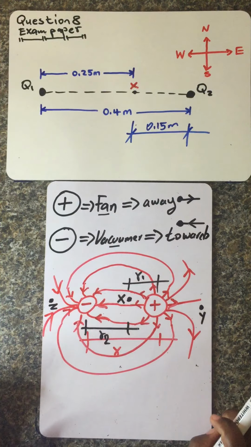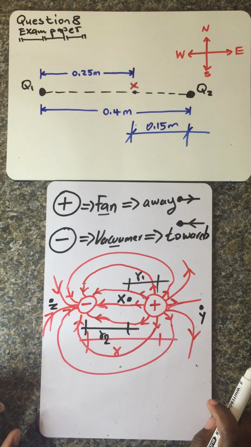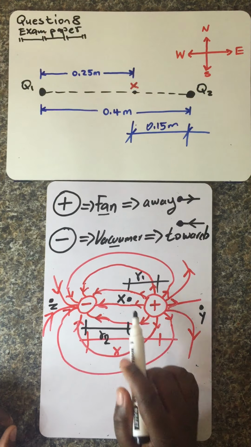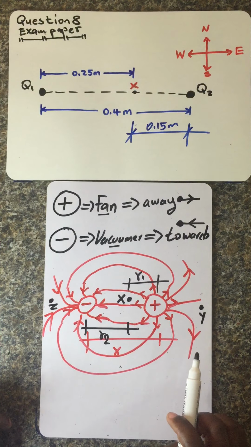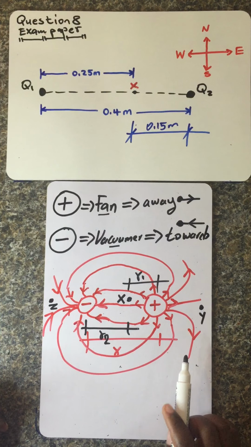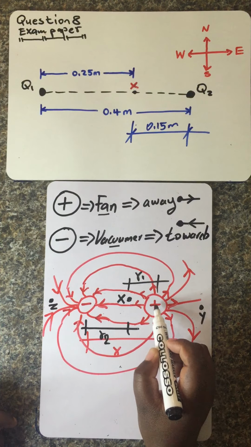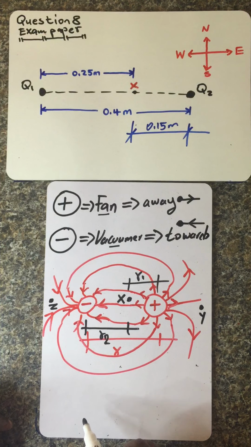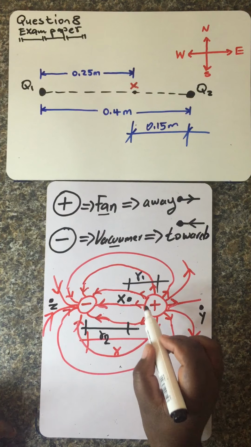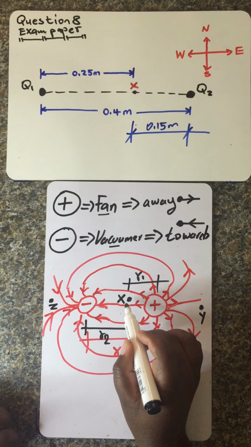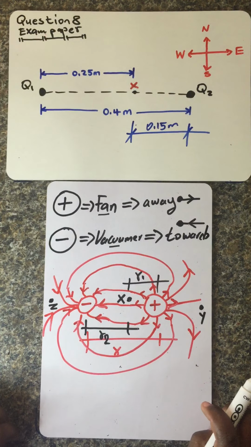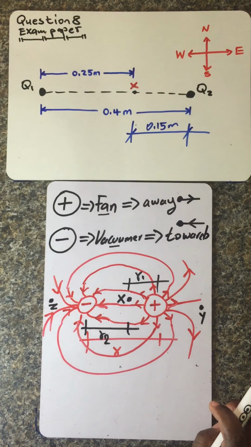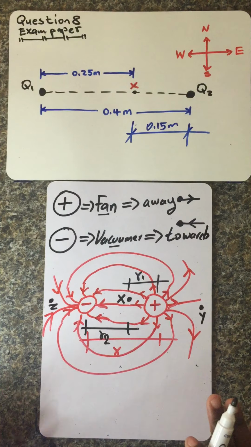Depending on how the question is asked, they may want to know in which direction this feather or sponge is moving. You just need to know in which direction that arrow is directed, either away or towards. So you need to know if it's a fan or a vacuum. Ladies and gentlemen, I'm asking for your forgiveness if I'm confusing you.